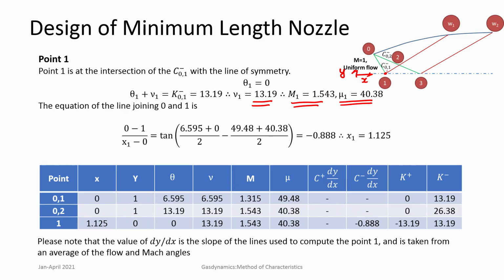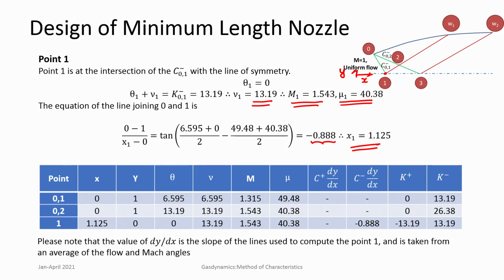For that you write the equation for this particular C minus characteristic, which is y1 minus y0 by x1 minus x0 is equal to tan of the average angles, essentially the average angles, over here, average of 6.595 plus 0 by 2, 49.48 plus 40.38 by 2. The coefficient here is this value, and you can get x1. So now we got x1 here.